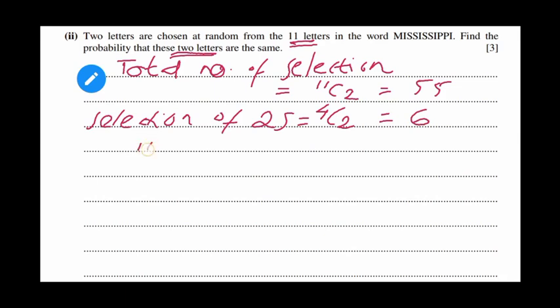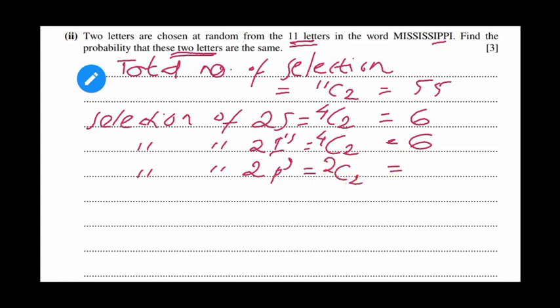Then what if you select 2 i's? There are 4 i's, out of that 2 should be selected. So that is also 4C2, which is 6. If you select 2 p's, p and p, what we get? We have 2 p's and 2 should be selected. So it is 2C2, which is 1.